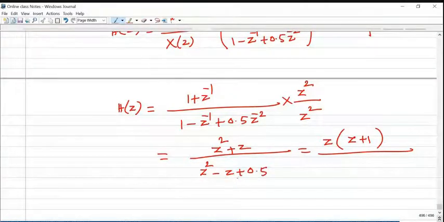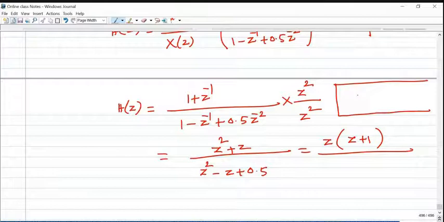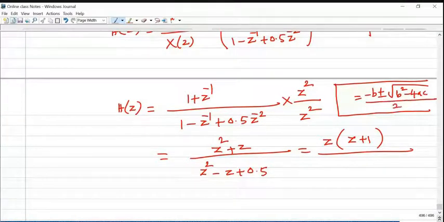Poles. Z square minus z plus 0.5. Multiplication of two numbers must be 0.5, addition of two numbers must be minus 1. Such numbers are not possible, so you can use the quadratic equation to solve this: minus b plus or minus root of b square minus 4ac divided by 2a. Using this relationship, find the roots of the denominator.